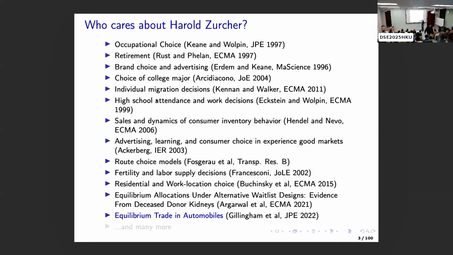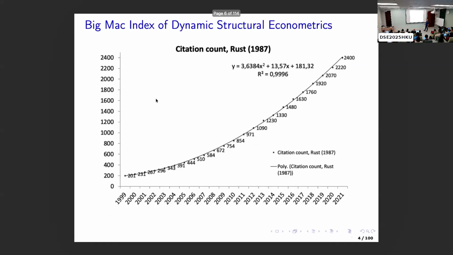I'm not going to go through all of this, but there are so many different applications: retirement and occupational choice, brand choice and advertising, route choice models, fertility and labor decisions we just saw, and then this model I'm going to talk about at the end, which is joint work with Ken Gillingham and Fedor and Anders Mogh-Nielsen, John Rust, and who else? Who did I forget? Myself. Okay, and so we're going to end with that.